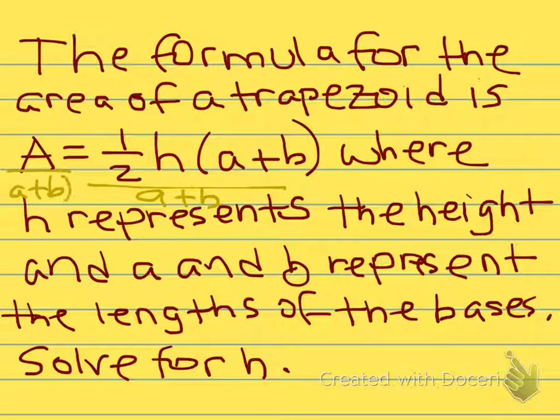And you can keep them in parentheses if you want. But we're dividing both sides by a plus b, and that cancels out the a plus b. And then I need to get rid of the 1/2. Whenever I have a fraction next to a variable, remember I need to multiply by the reciprocal to cancel it out.